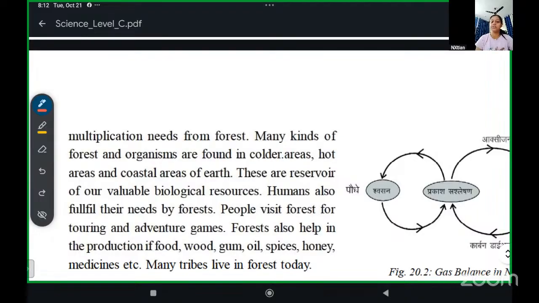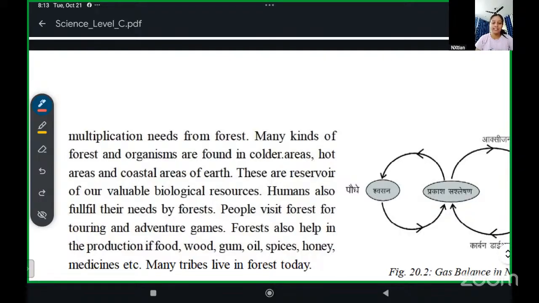Many kinds of forests and organisms are found in colder areas, hot areas, and coastal areas of the earth. These are a reservoir of our valuable biological resources.